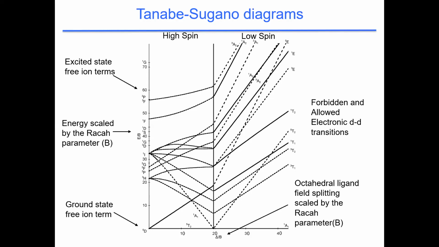So in these diagrams, the sides that correspond to high spin and low spin are split with a vertical line that occurs at about 20 delta over B. When you're trying to determine what transitions are occurring in your spectrum, you have to try and determine what type of ligand you have, and if you expect that ligand will produce a high spin or low spin complex.